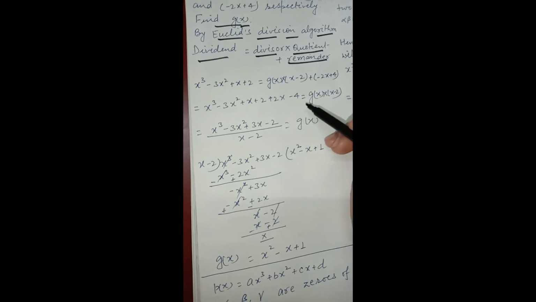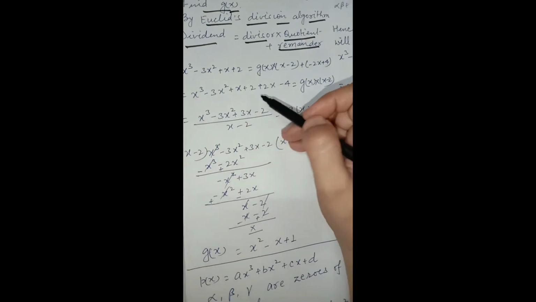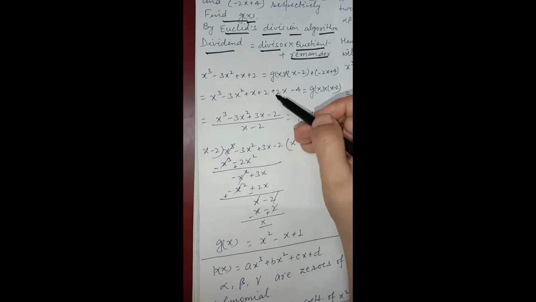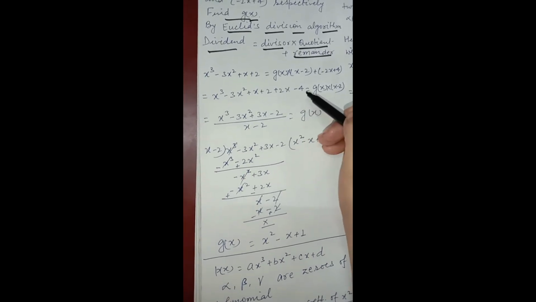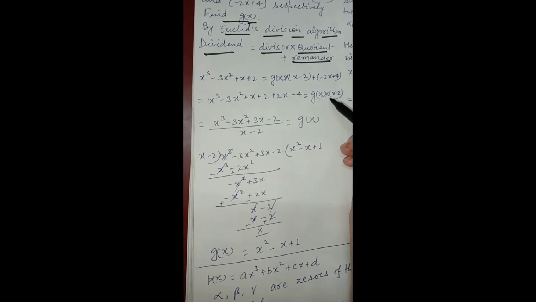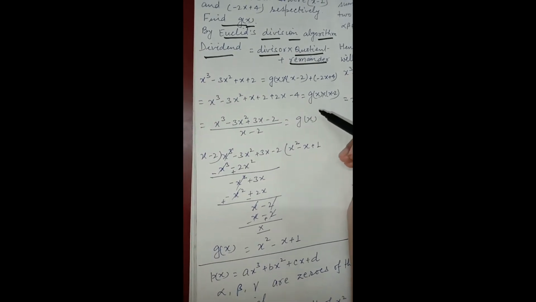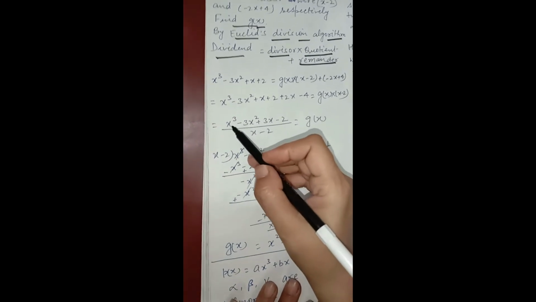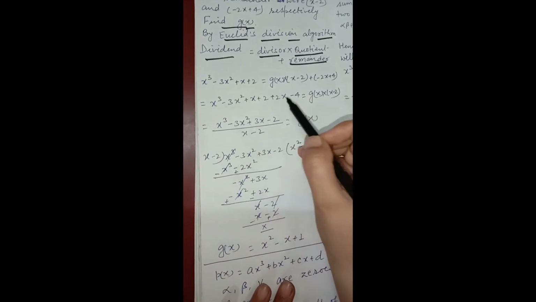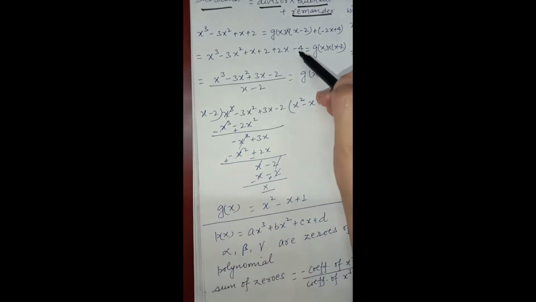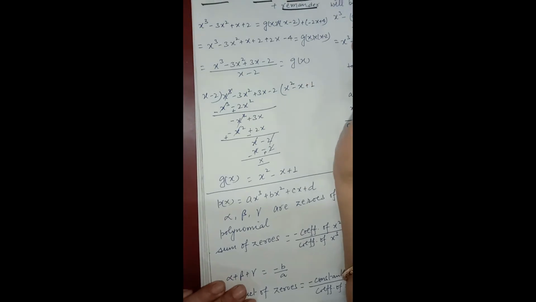So we will get x cube minus 3x square plus x plus 2 plus 2x minus 4 equals g(x) into x minus 2. Now further solving, we'll get x cube minus 3x square, x and 2x will combine to make 3x, and 2 and minus 4 will combine to make minus 2.